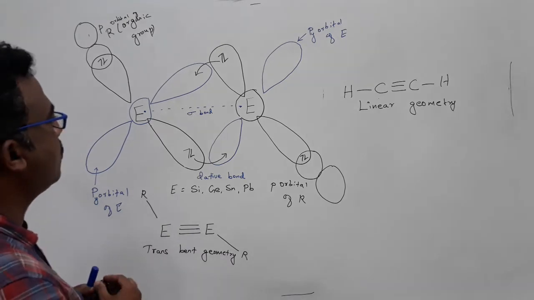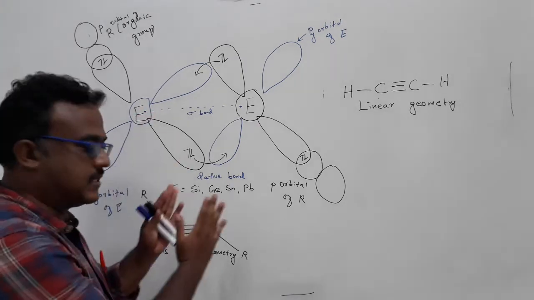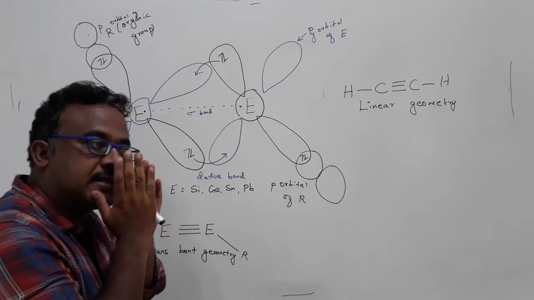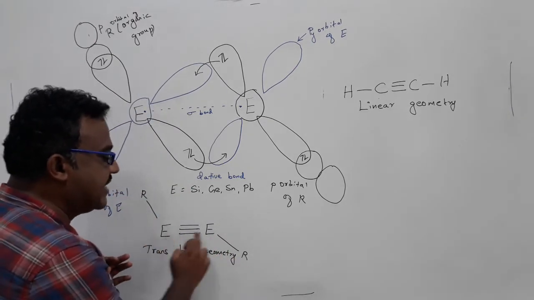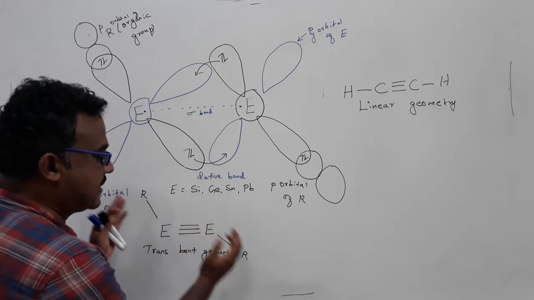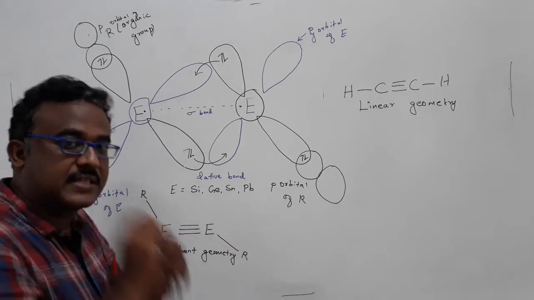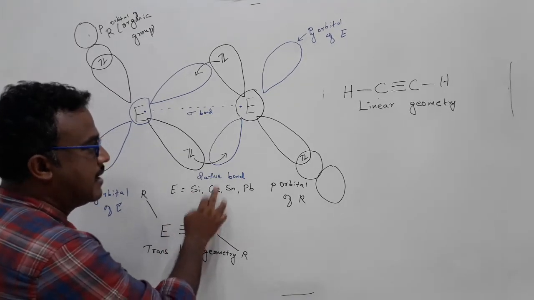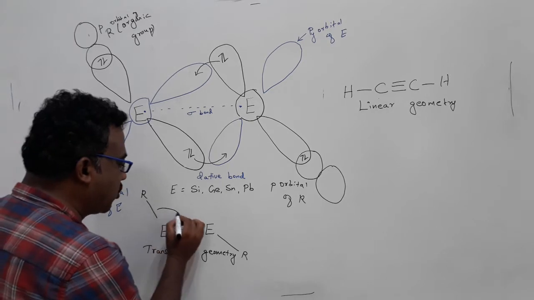Okay, and now let me compare. If the R group is fixed, I already said that the R group is an organic group, which should be a very sterically bulky group. Only then can you stabilize a molecule of E triple bond E. If R is fixed, when you come from silicon to germanium, the bond angle will be closer to 120 degrees.